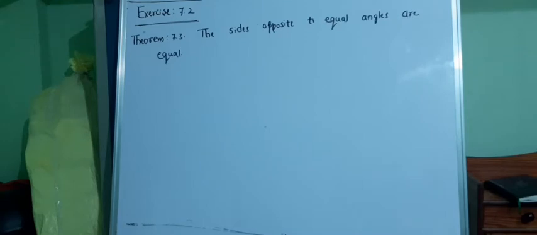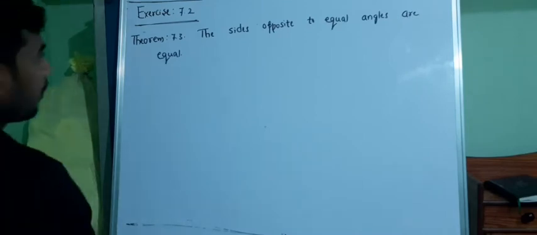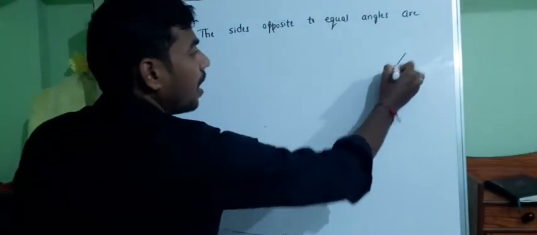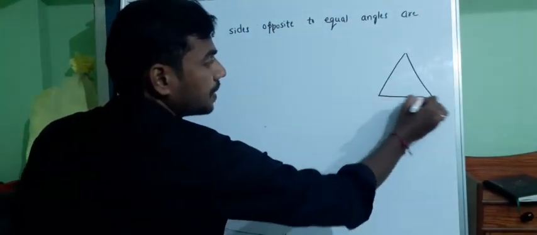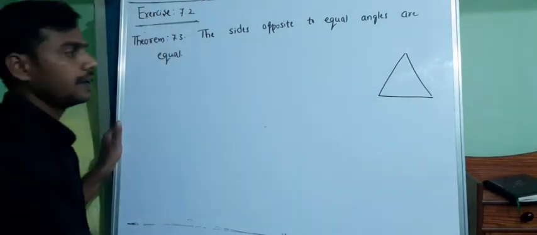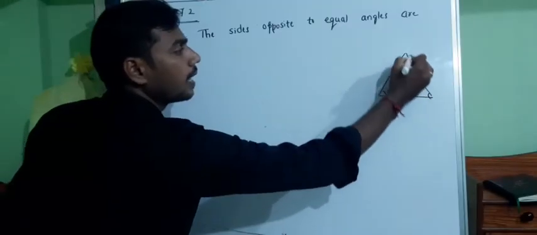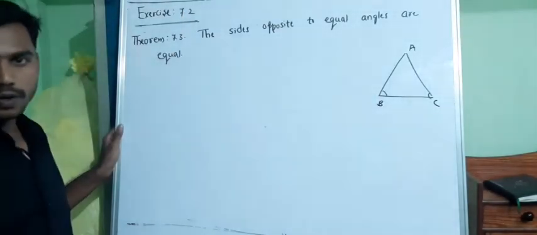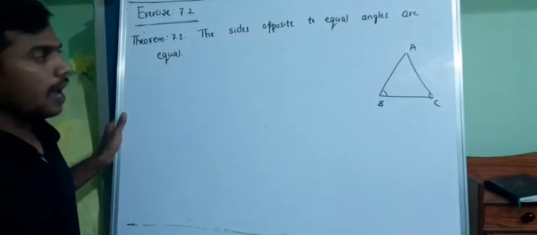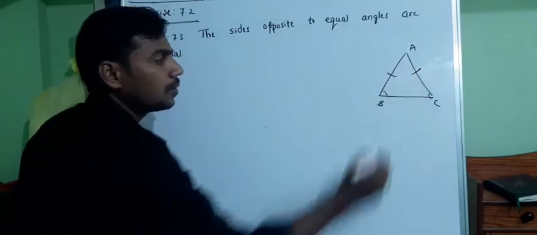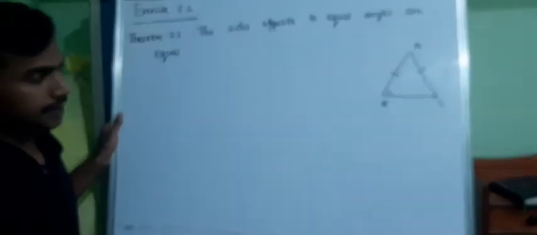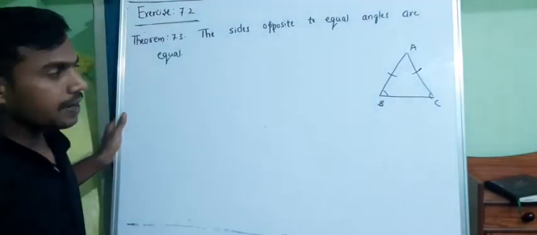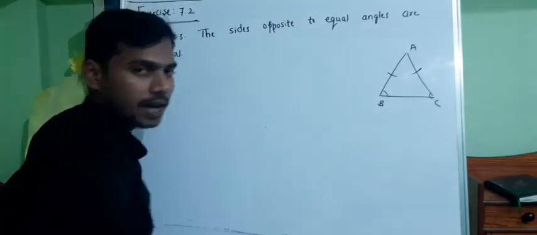Next, the converse of theorem 7.2, that is 7.3. What I am going to ask you to do is, draw a triangle in such a way that angle B is equal to angle C, and try to measure the two sides, that is AB and AC.